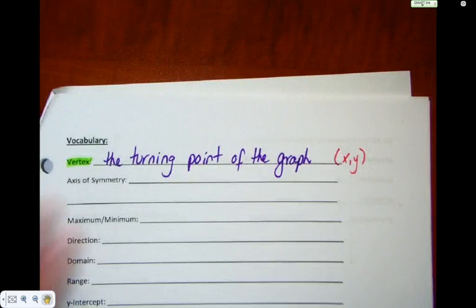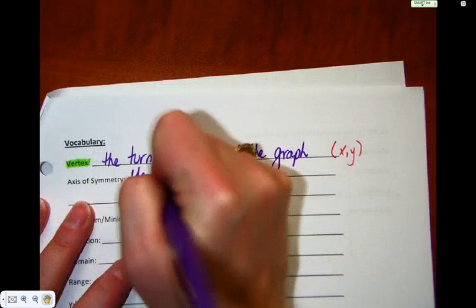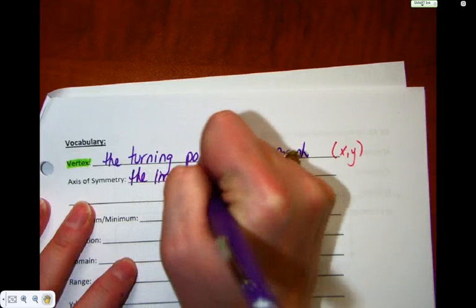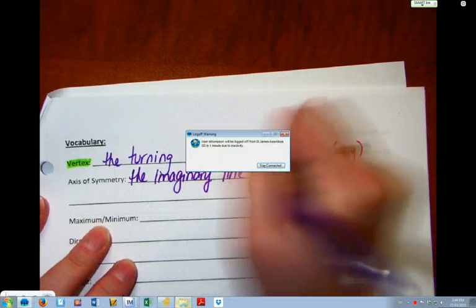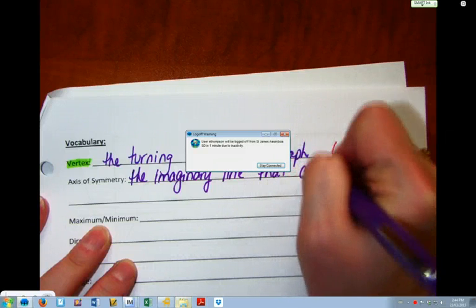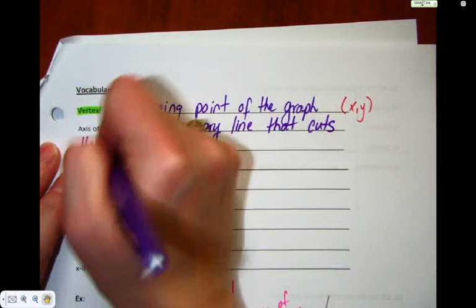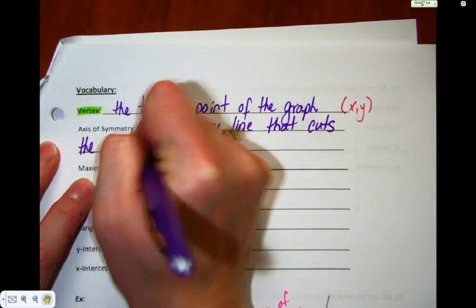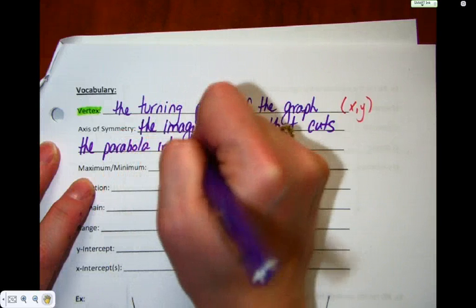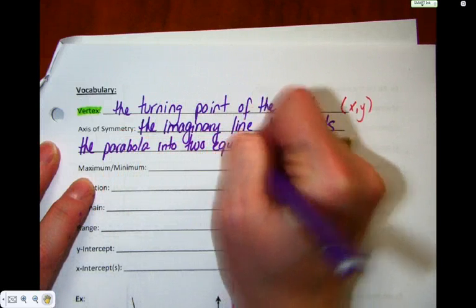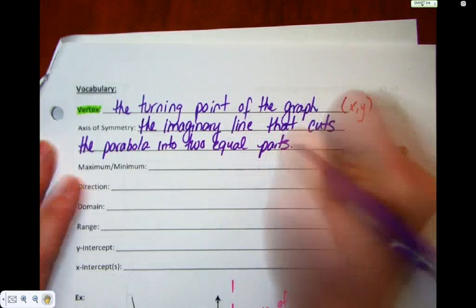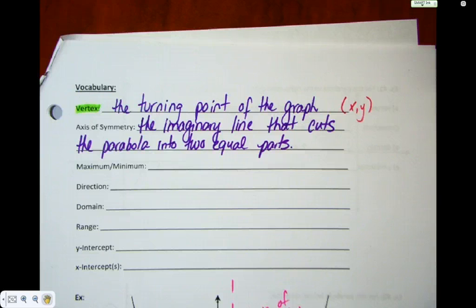For the wordy people, the definition of the axis of symmetry: the imaginary line that cuts the parabola into 2 equal parts.